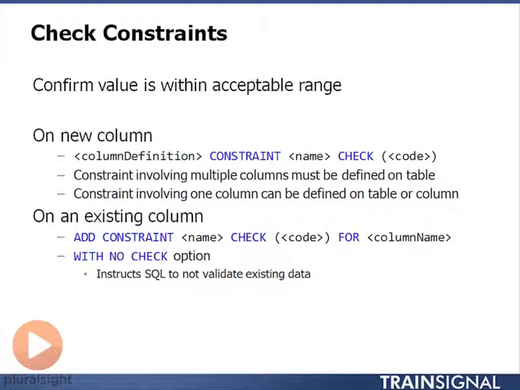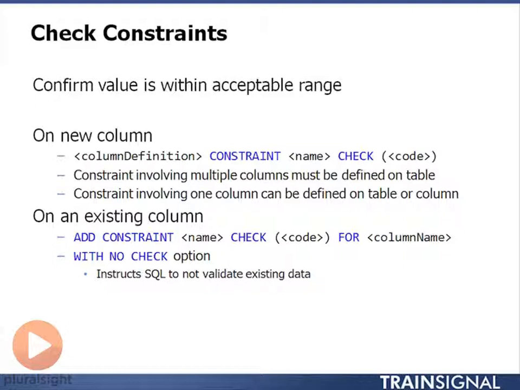If I want to add a check constraint to a new column, what I'm going to do is specify a constraint, give it a name, and the name is extremely important here because that's basically going to be your error message. Then check, and then whatever code you're going to use. Check constraints can be applied in one of two ways.